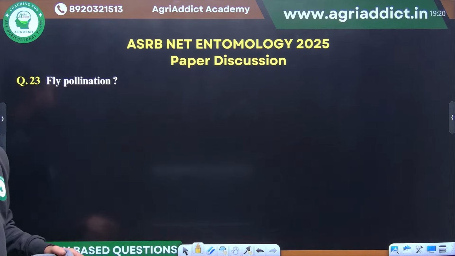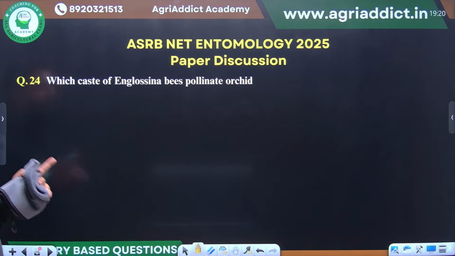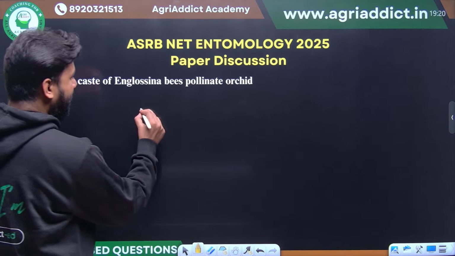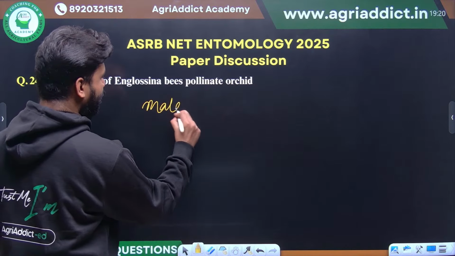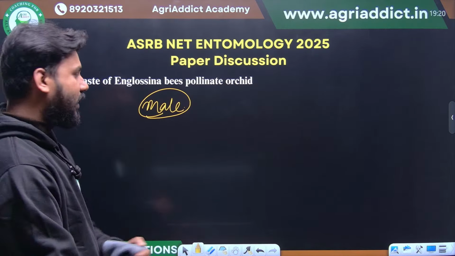Now coming to the next question. Which caste of Euglossine bees pollinates orchids? Mainly male Euglossine bees are responsible for pollination of orchids.